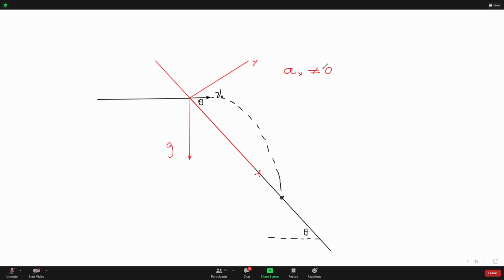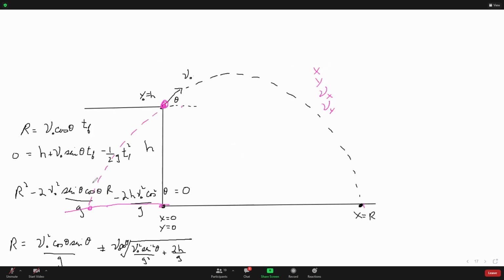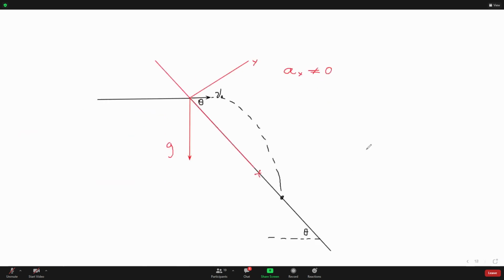That means that my kinematic equations now have to contain an acceleration term in the x direction as well as the y. Here, our acceleration is only in the y. Here, we're assuming an acceleration in the x direction and the y direction.